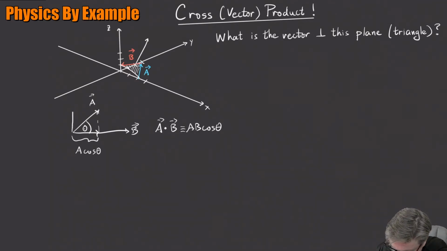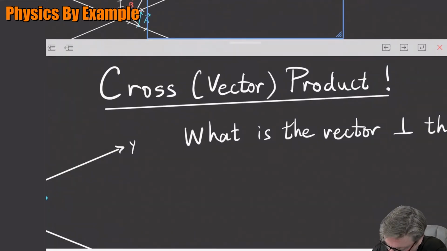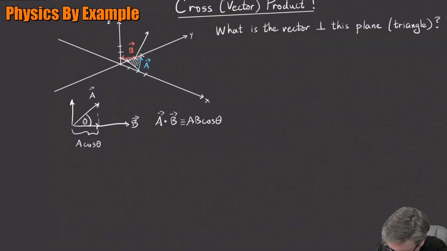Sometimes it's useful to find the perpendicular part of A with respect to B. And this is just the other trig function. This is A sine theta.